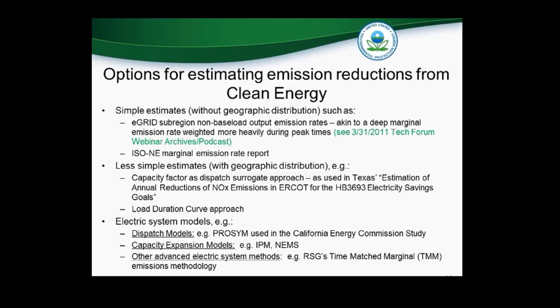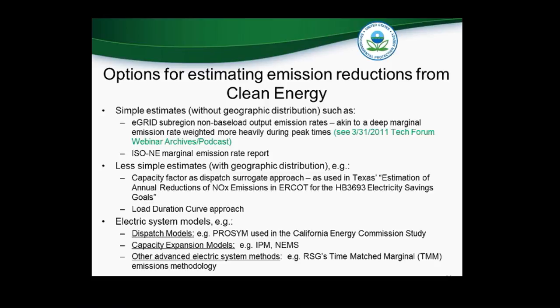These are still relatively crude methods on finding out how much, but also where the emission reductions are happening. There's the capacity factor approach. There's also load duration curve approaches, where all the plants are basically lined up by how many hours they operate a year, and you use a load duration curve instead of exact dispatch on that.